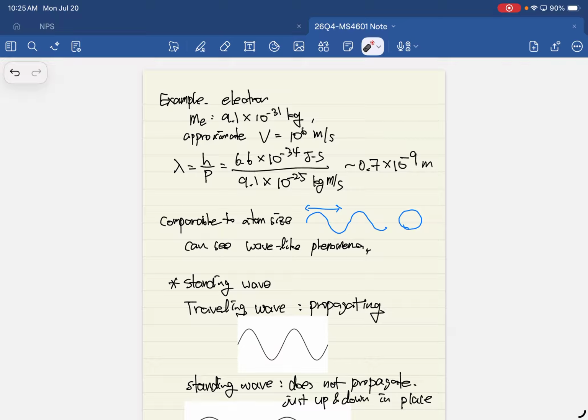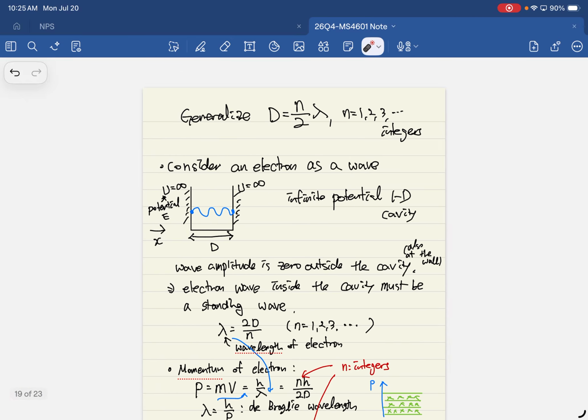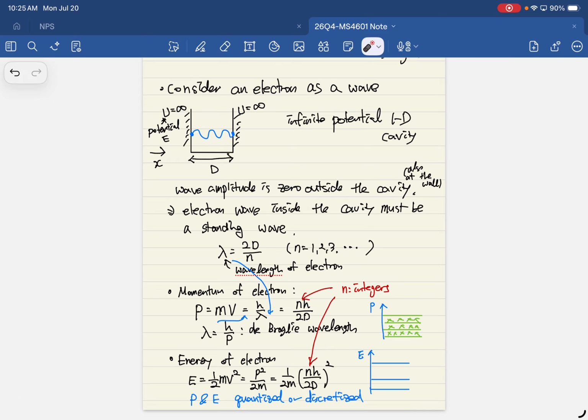In this case wave phenomena is more apparent, and that is why we focus on the Schrödinger equation rather than Newton's law. Do you have any questions up to this point?